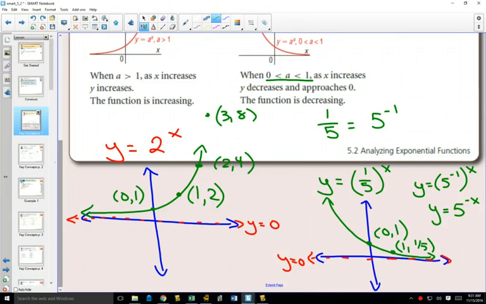What does 5 to the negative x do as far as transformations go? Where the x is, we now have a negative. And if the negative is where the x is, that's a reflection over the y-axis.